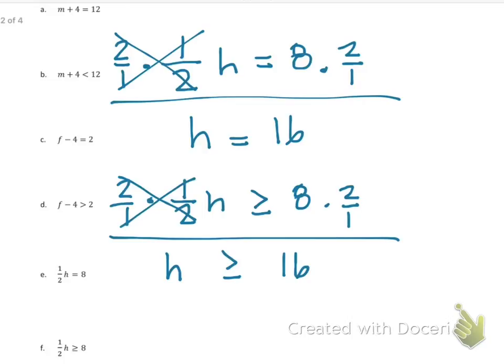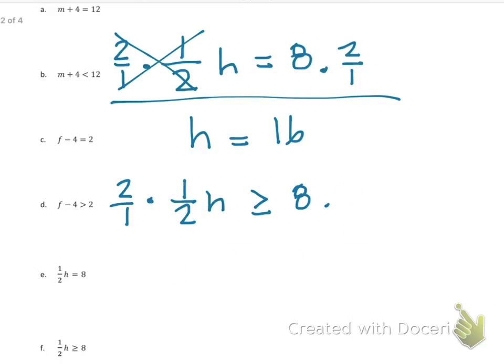Okay? I told you I would show you what would happen if our coefficient was negative. So let me just back this up so you can see what would happen if this inequality was a negative. Okay, I'm going to do the same thing.